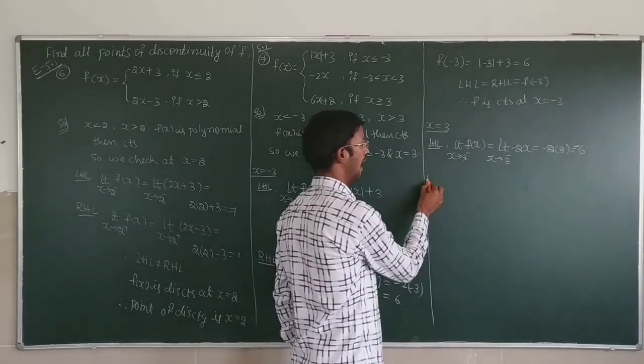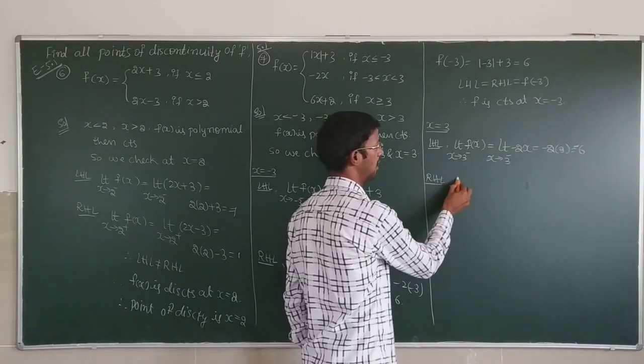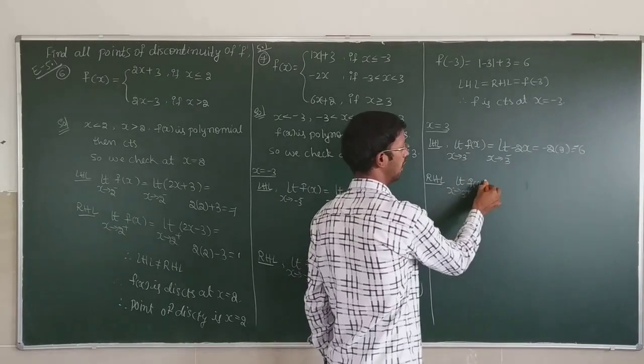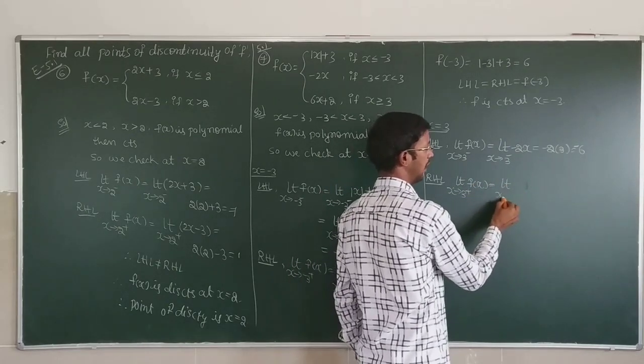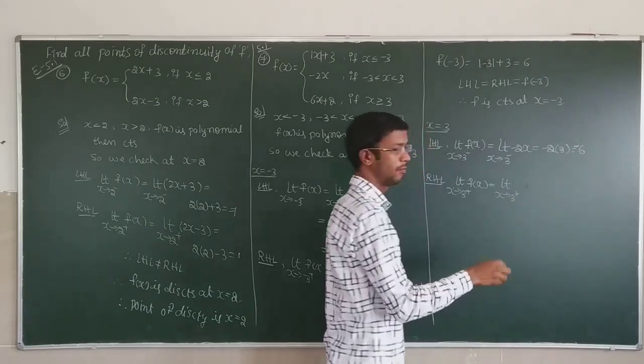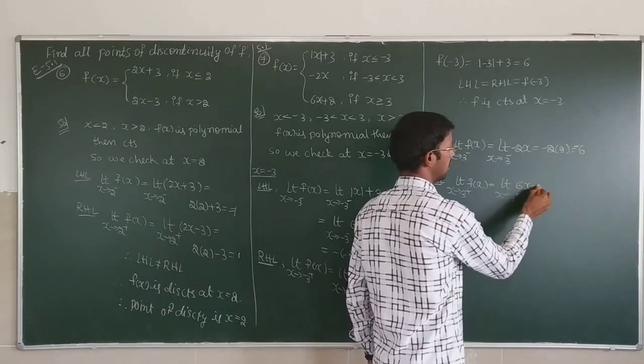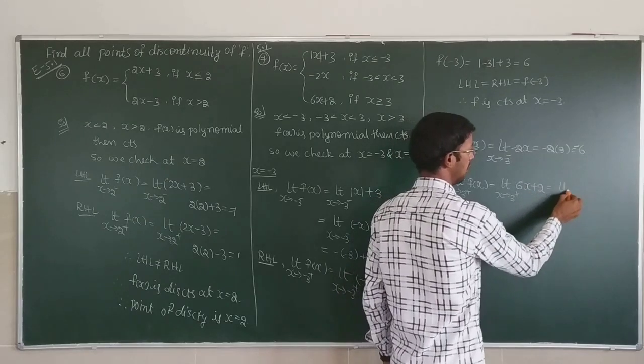Next, RHL part is the limit x tends to 3 plus, greater than 3, where 6x plus 2 is the f of x.